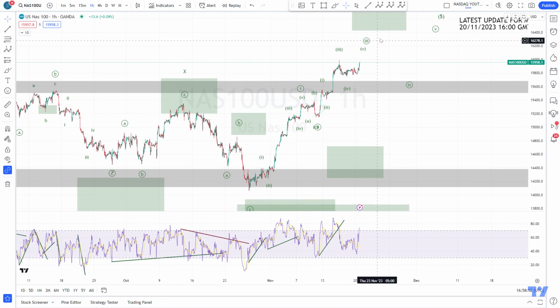But then once we get here, once we take out this high, which might happen today soon, we will see. We are quite close now for the moment. Once we take out this high, then in my opinion, we still only have two waves. I would count this as 1, 2, 3. I mean 3 waves, of course.